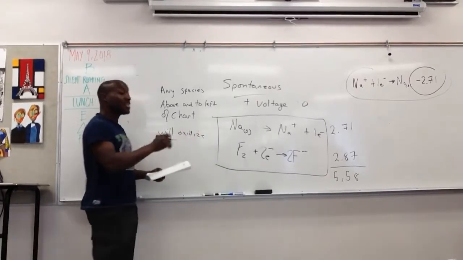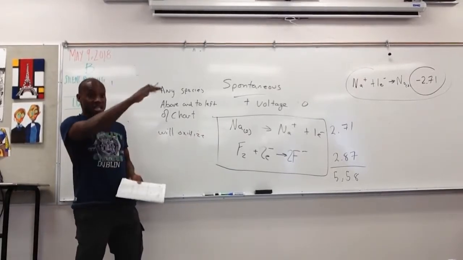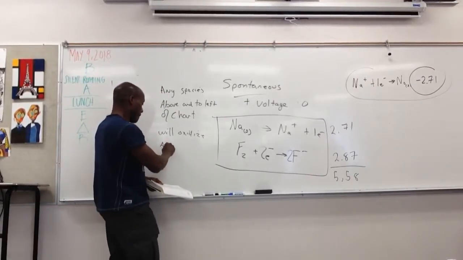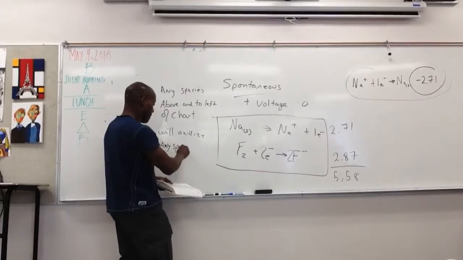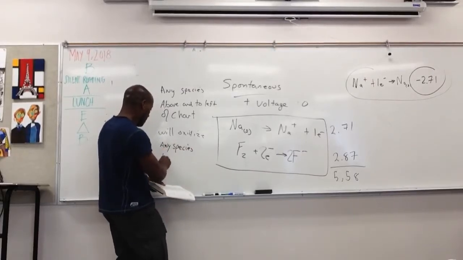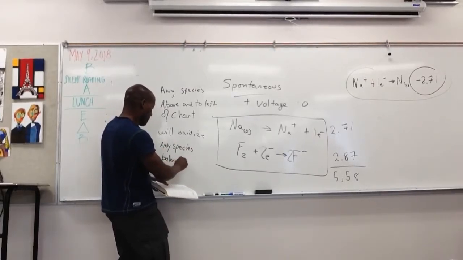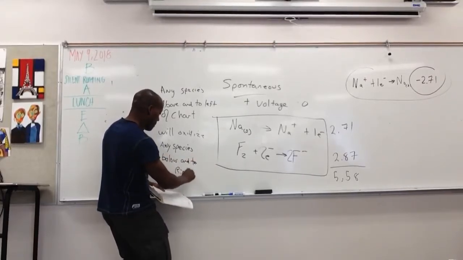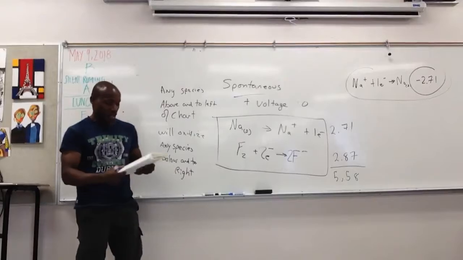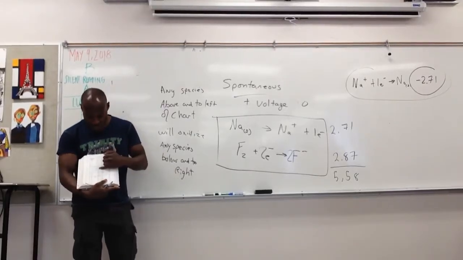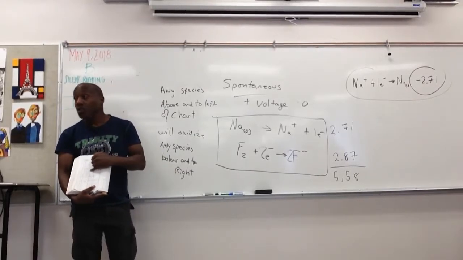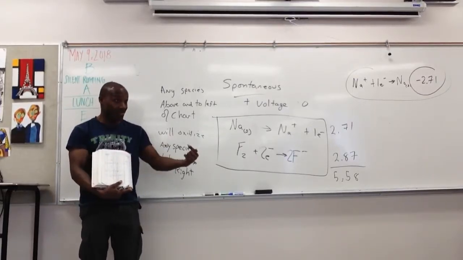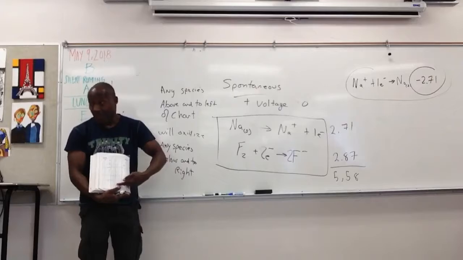In other words, it'll take the electrons from anything below and to the right. So if I look at this chart and I find one species above on the left, it will spontaneously react with any species on the reduction side, on the right.